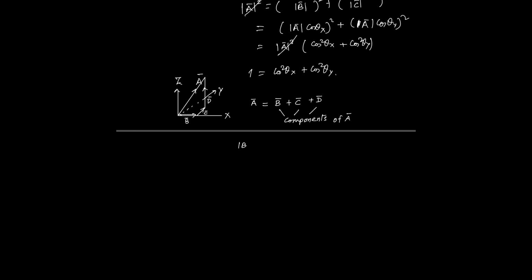Now B, C and D are components of A, again rectangular components, and now we have 3 components. Mod B can be written as mod A cos theta x, where theta x is the angle between A and x axis. This angle is theta x.